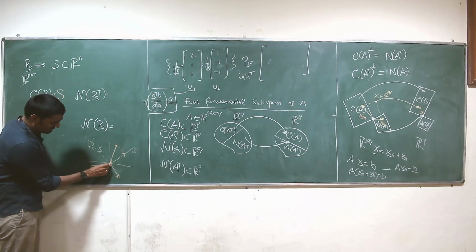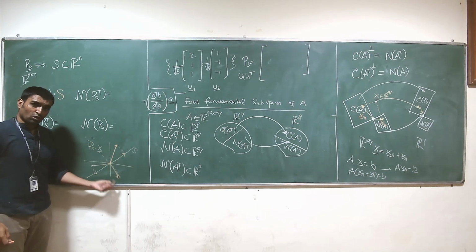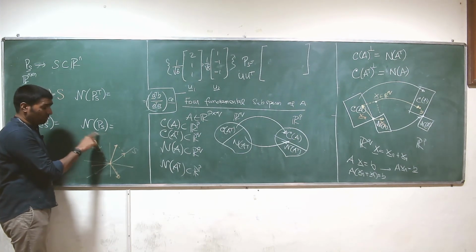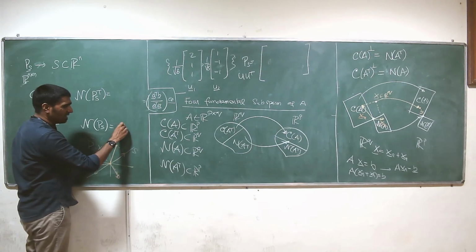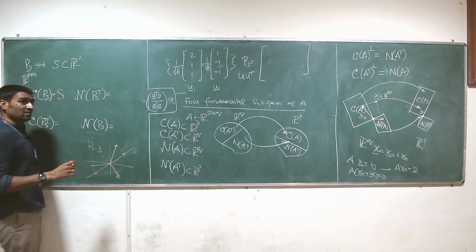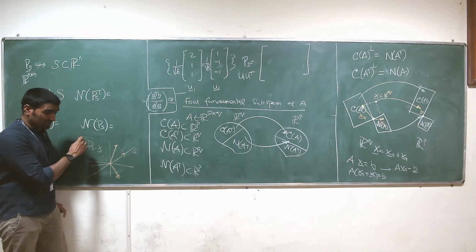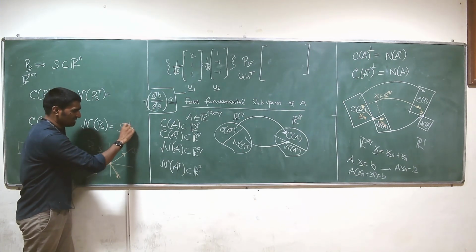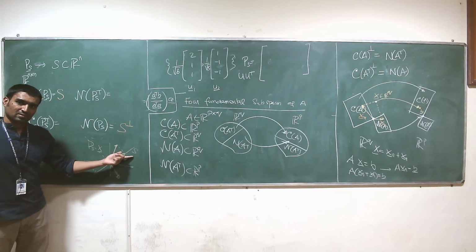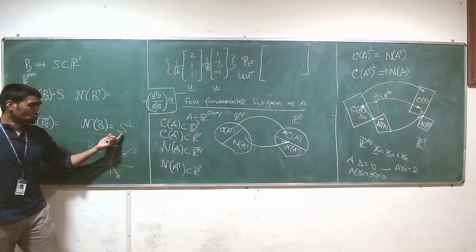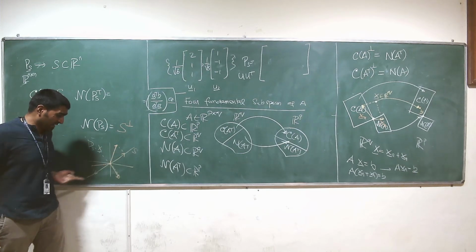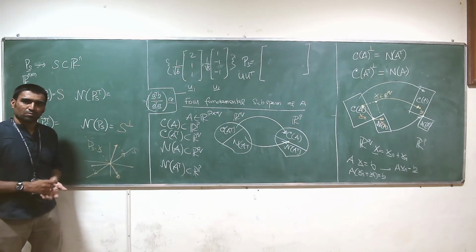Well, any vector that is perpendicular to this line will go to 0 under the orthogonal projection. So the null space of your PS will simply be the subspace that is orthogonal to S, in fact, the orthogonal complement of S. Because if you choose any vector from this orthogonal complement, it will be perpendicular to S, and if you do the orthogonal projection, it will get mapped to 0.